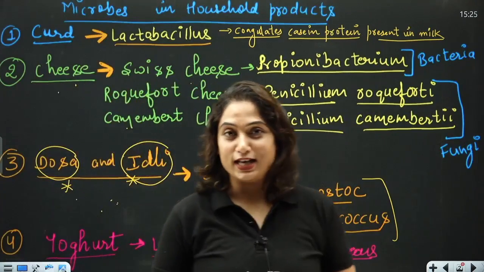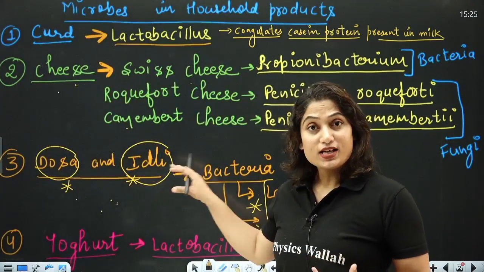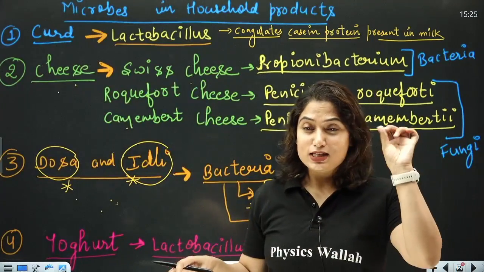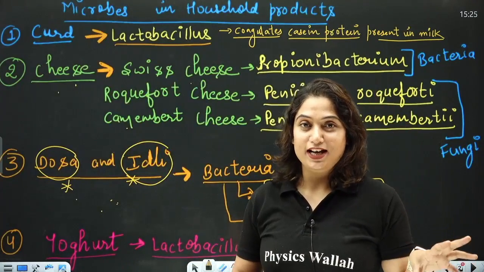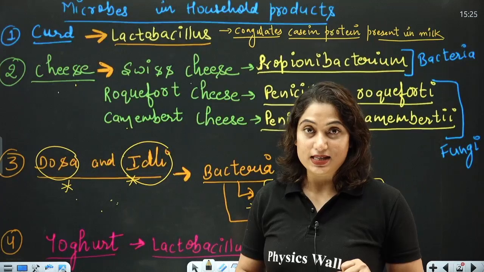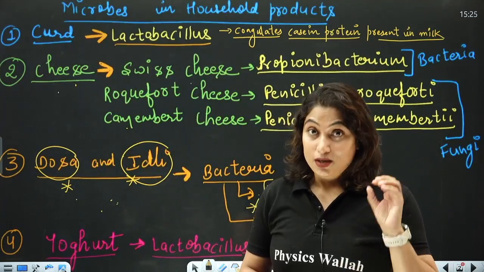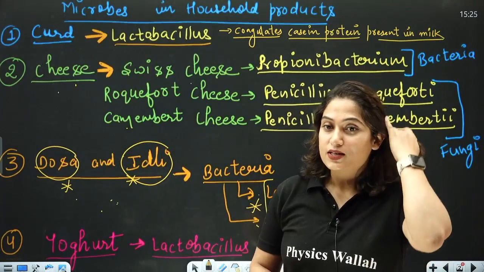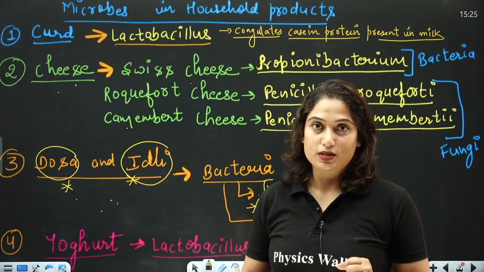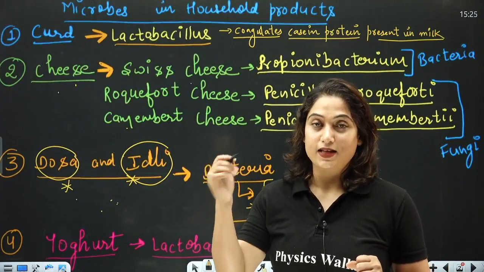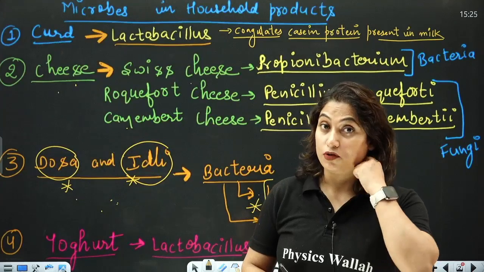Then comes dosa and idli. Question of 2019. Dosa and idli, right? It is a notion that dosa and idli are usually made by yeast. No. This is because when the question came, most of the students answered yeast, that yeast is helpful in the formation of dosa and idli.